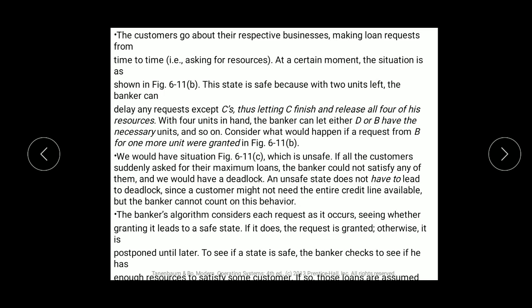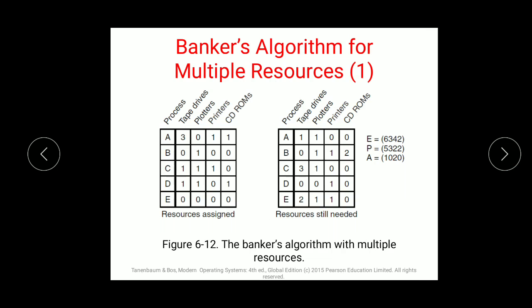At a certain moment, the state is safe because only two units are left. If only two units are left, the banker can delay any of the requests. He'll say you have to wait because I do not have this much resource, and will tell another person that you have four units with you, complete your task faster and return those four units so that the duration he has given to the next one can be completed. This is done with the help of the diagram.